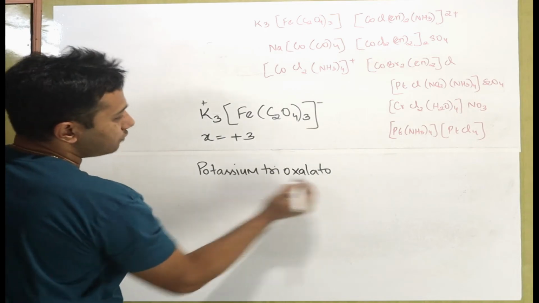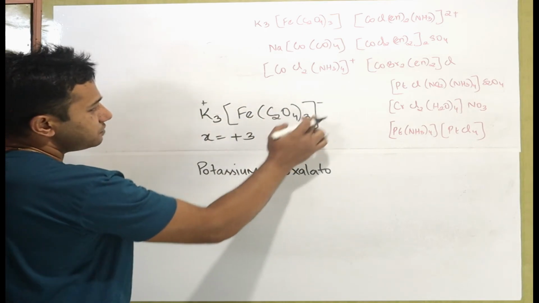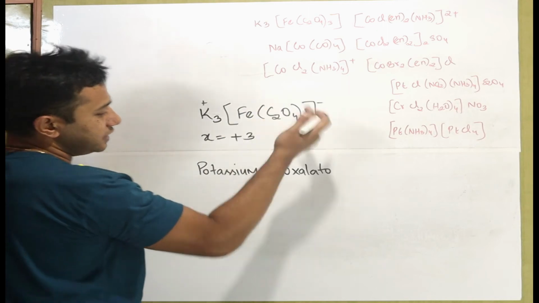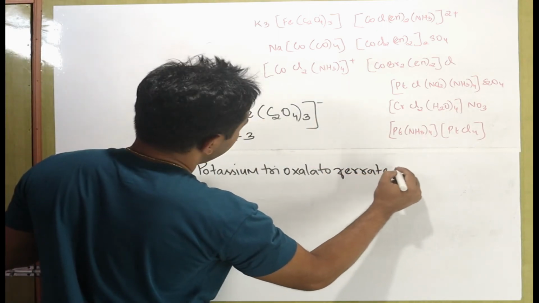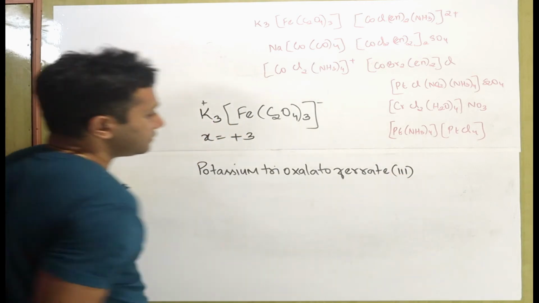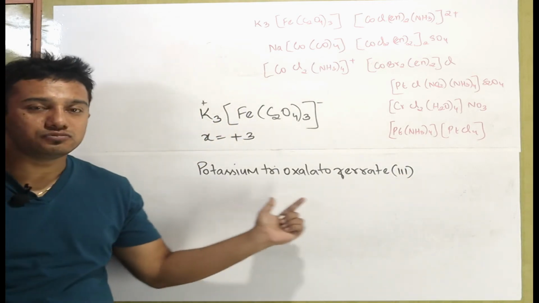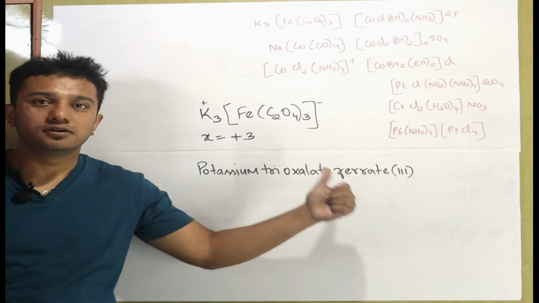Oxalato, it's ending with O out here. And since the coordination pair is negative, iron shall change to ferrate. Ferrate 3. So the name will be potassium trioxalato ferrate 3.